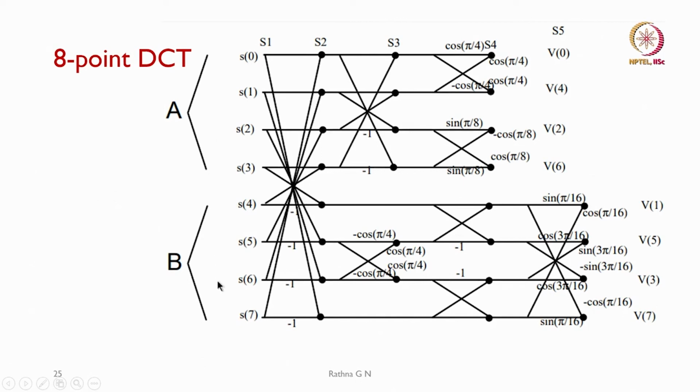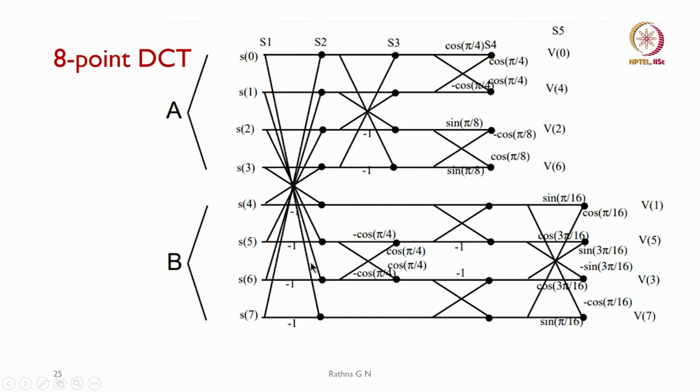Inputs A and B, which you will show as a 4-point matrix, you can take and put across. This is the even side, and this is the odd part of it. I want you to work it out so that the output is going to be V0, V4, V2, V6.